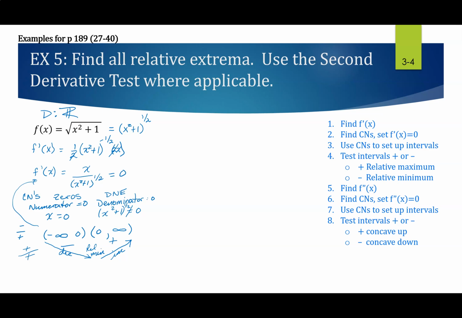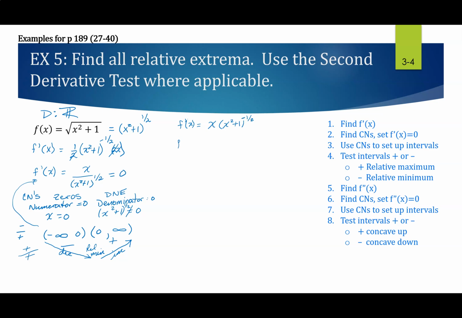Now, I want to prove it with my second derivative. So I have f prime that I'm going to derive. I'm going to rewrite it so that it's a product. It's your choice either to do the quotient rule or a product rule. I choose a product.